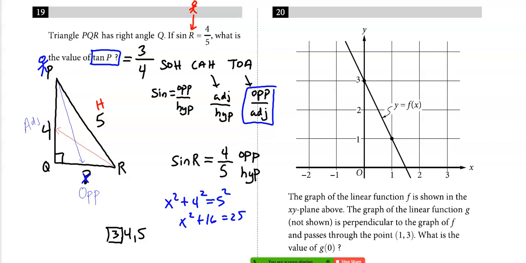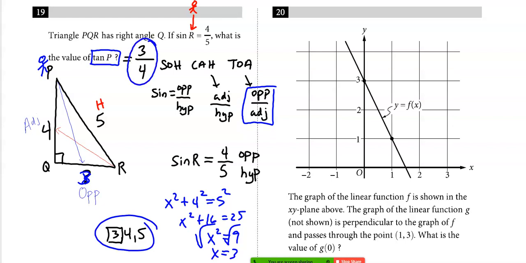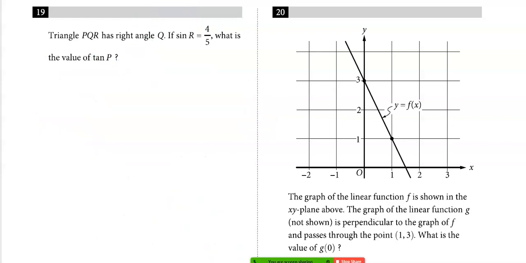Minus 16, x squared equals 9. Square root, and you'd eventually get 3 down here on the bottom. But knowing this triple is very helpful. It'll save you a lot of time. So the final answer, the tangent of P, is the ratio 3 over 4. They probably would also accept 0.75, but why do that if you don't need to?